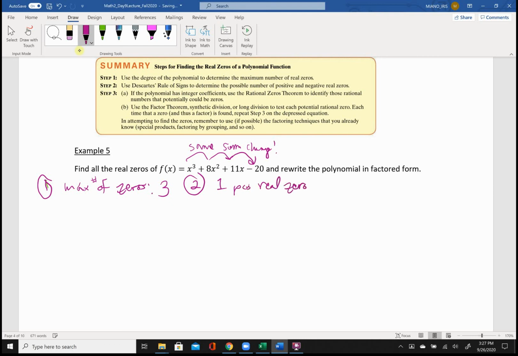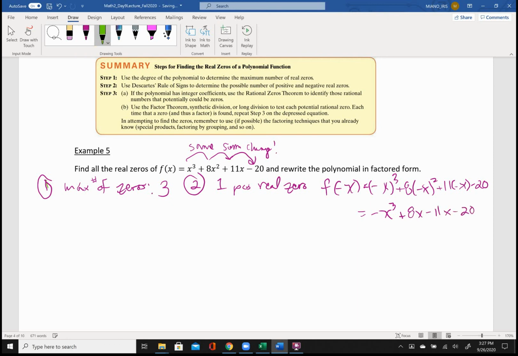I'm going to actually need to plug in f of negative x for this next bit. So that'll be negative x to the third power plus 8 times negative x squared plus 11 times negative x minus 20. Simplifying it down, we'll get negative x cubed plus 8x squared minus 11x minus 20.